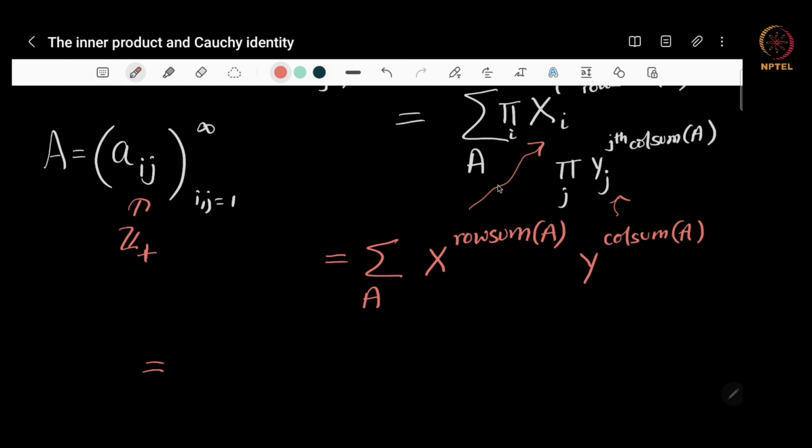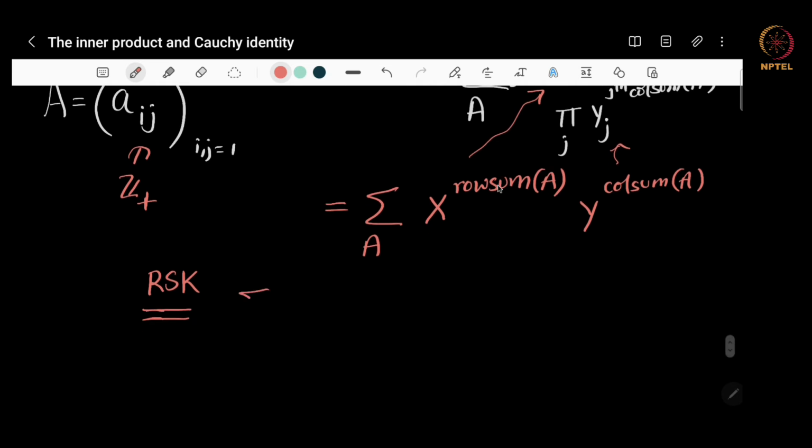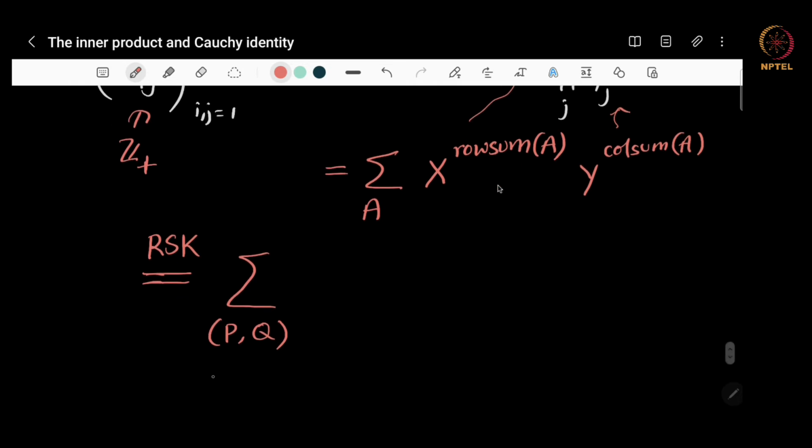So here is a non-negative integer matrix A, and what I'm doing here is summing over all possible non-negative integer matrices of a particular monomial, which is x power row sum of A, y power column sum of A. And the RSK correspondence tells me that non-negative integer matrices are in one-to-one correspondence with pairs of semi-standard Young tableaux of the same shape. So I take P, Q semi-standard tableaux, shape P equals shape Q.